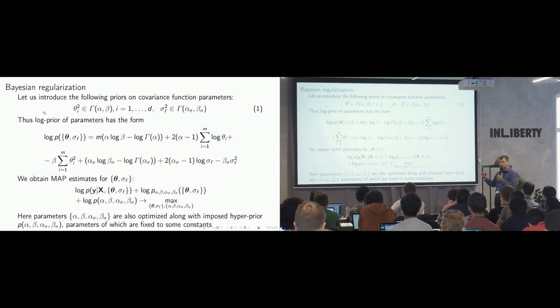So actually, this is a kind of MAP Bayesian estimate. And you see here that thanks to this structure of the gamma distribution, because we have this term here and this term here, the parameter theta can't be too big and it can't be too small. So we penalize both cases.